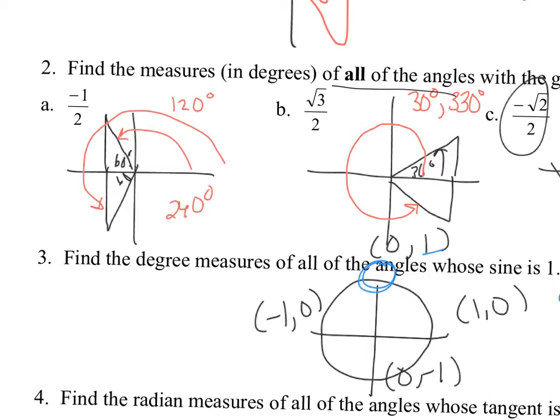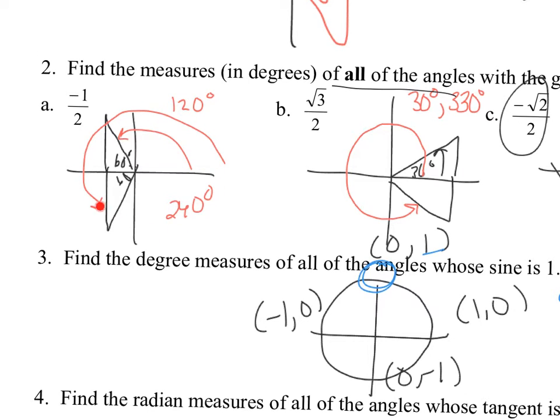So in this case, we're going to have to go around, and you could go around again and stop. So you could go around once, and then again. So there's going to be so many answers. So you could go 120 plus 360, or you could go 120 plus 360 plus 360.